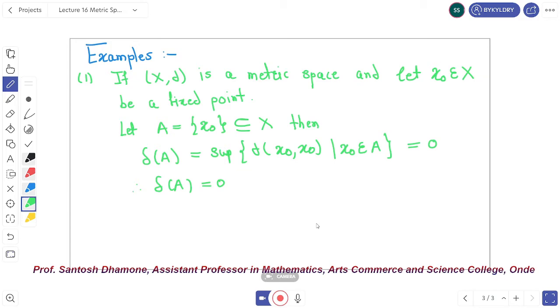Second example. Let X be equal to R, and the distance between x and y, d(x,y), is defined as the modulus of x minus y, the absolute value metric.